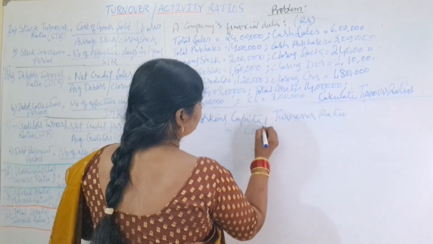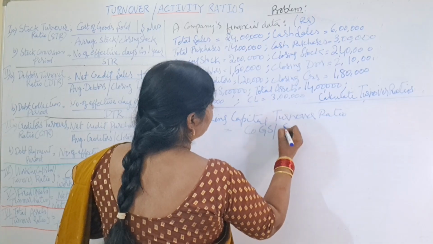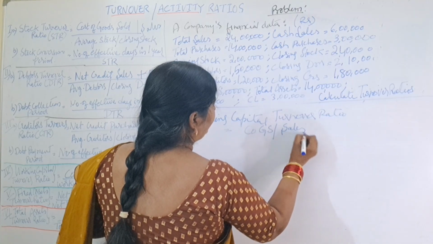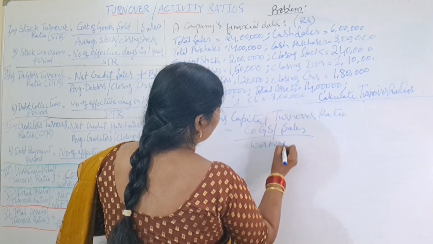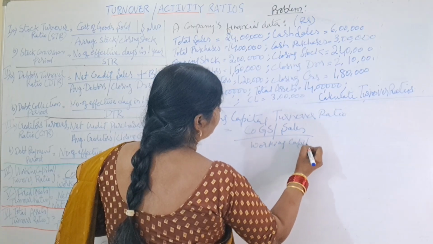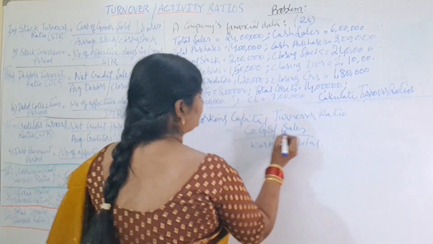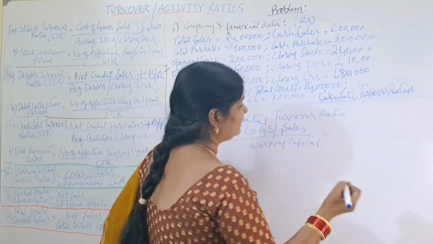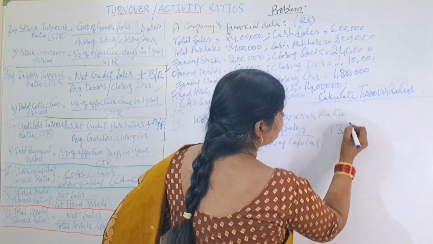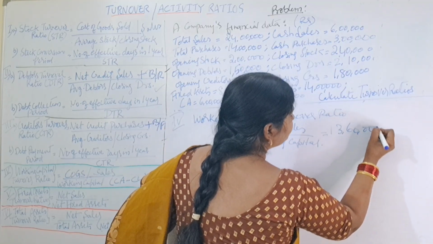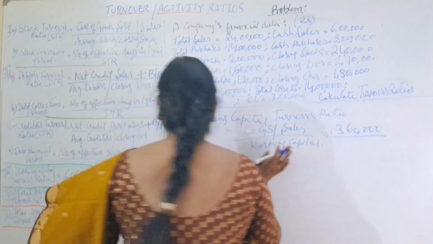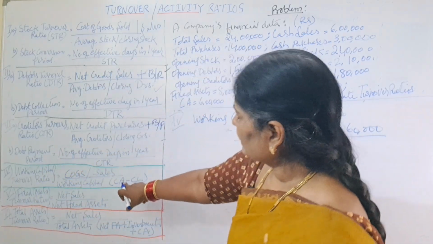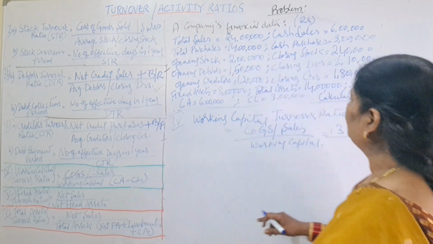COGS, or sales, by working capital. So if you take COGS, which we have already calculated, that is 13 lakhs 60,000, divided by working capital. How do you get working capital? It is current assets minus current liabilities.